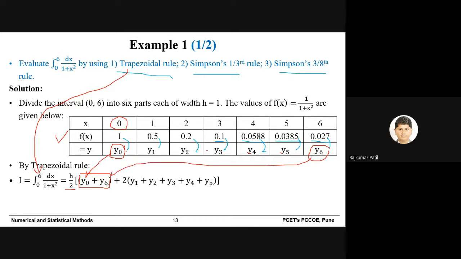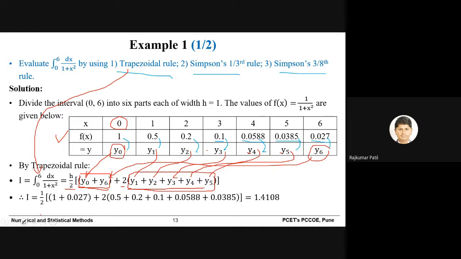So in the first bracket you can see y0 plus y6, the first value and the last value and their sum, plus 2 into, in the second sub bracket you need to put all the remaining values of y. So you can see y1, y2, y3, y4 and y5. So in the first sub bracket, the first and last values of y, and in the second sub bracket all the remaining values of y will be there.